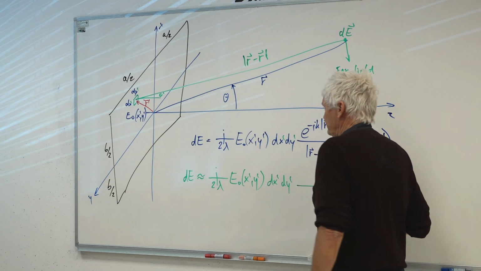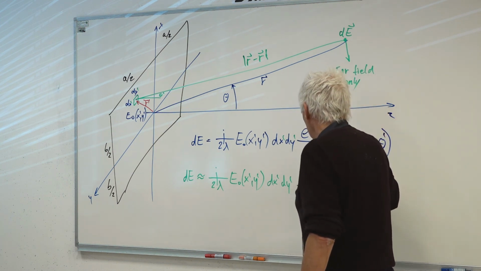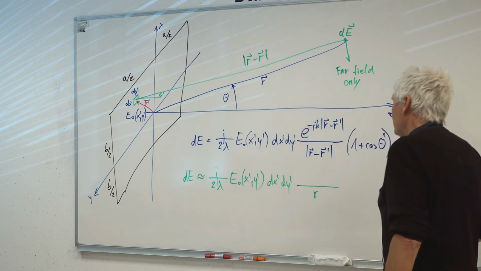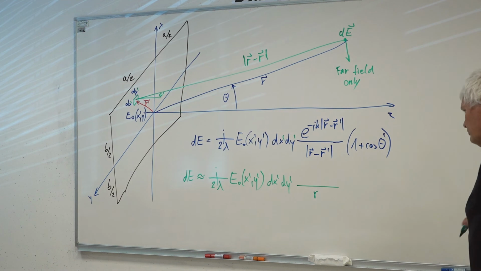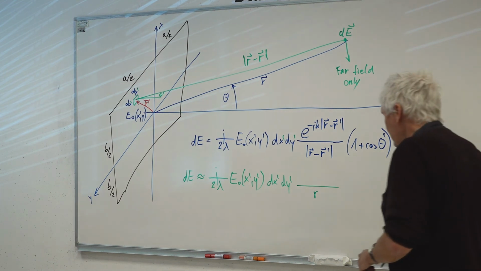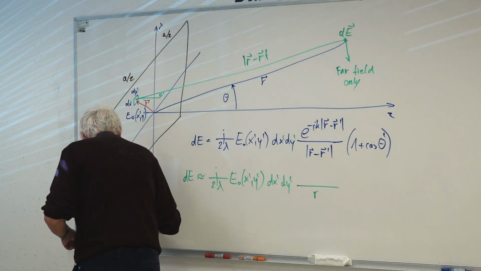The amplitude does not change much in the far field. So in the denominator, I can just replace this thing here by r. But in the numerator, I have to be accurate. And in the numerator, I have to rewrite this r minus r prime.